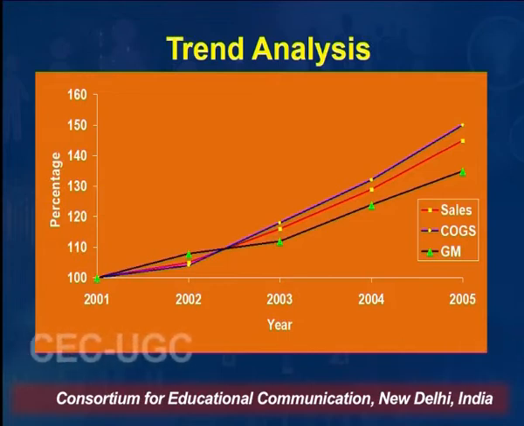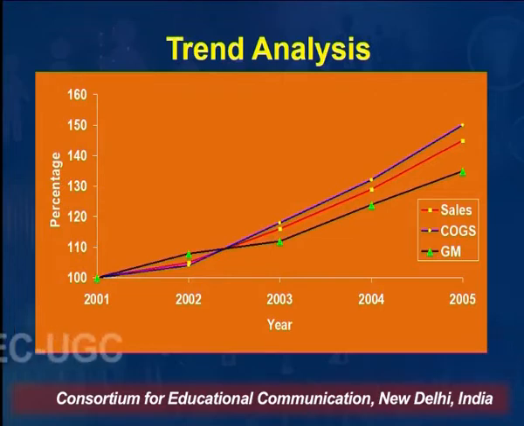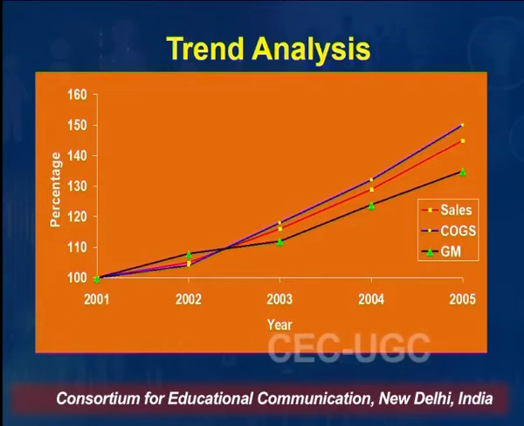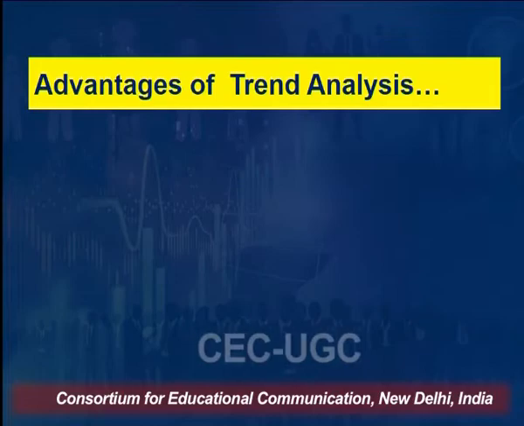So even graphically we can draw inference out of this analysis by plotting these values into this graphical diagram. We can find what the trend is, how this trend line is being drawn, in what direction my sales, COGS and gross margin are moving.